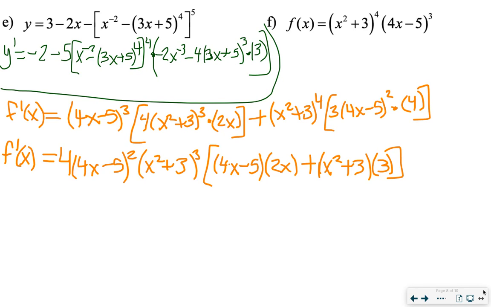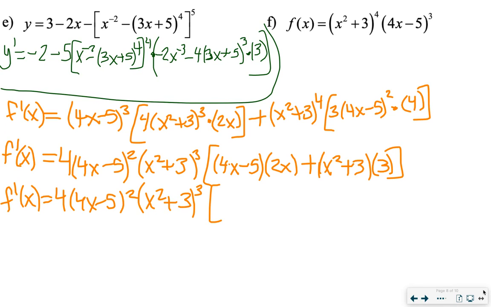Okay, so simplifying that, I get 8x squared minus 10x plus 3x squared plus 9.